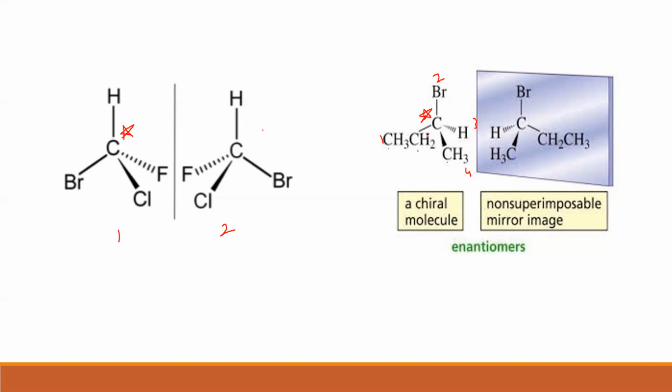If I take the chiral molecule and place a mirror here, what do I get? Of course, this is my mirror image, and this mirror image is what? Non-superimposable on this. Yeah, so the mirror image is non-superimposable. So non-superimposable mirror images are called what?